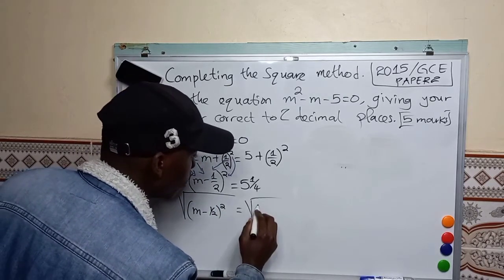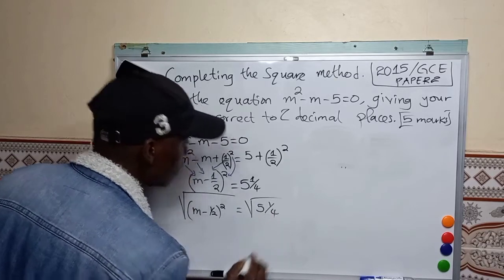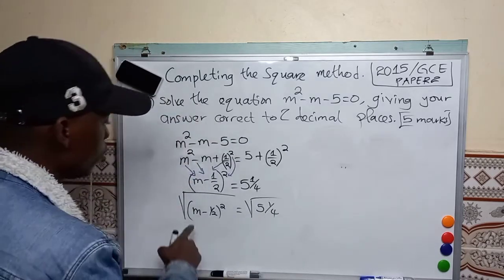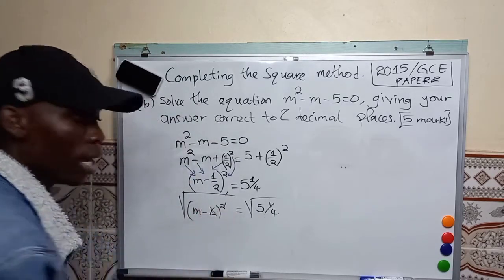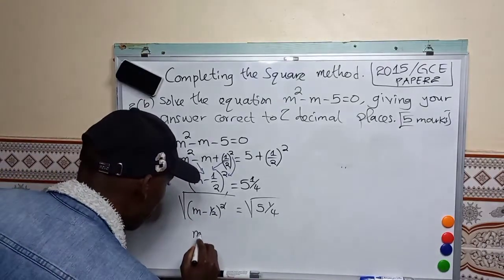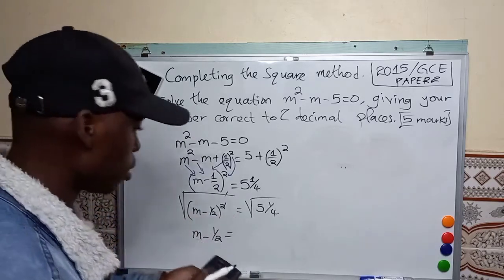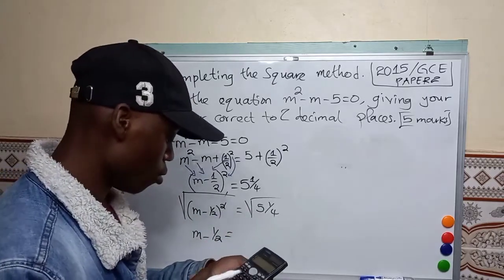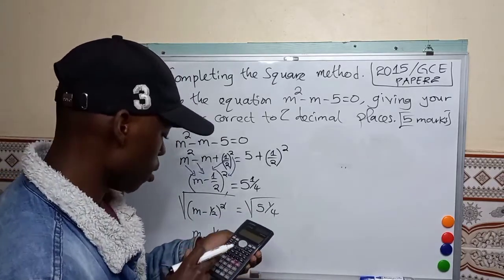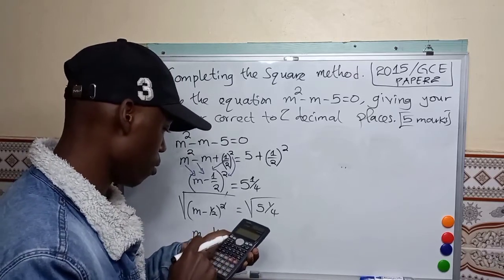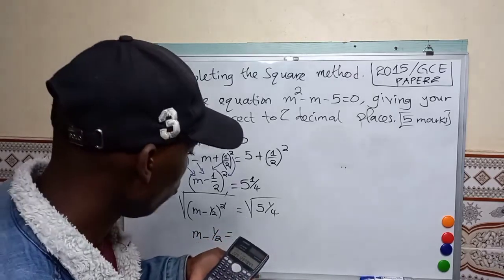What you do on the left-hand side should also be done on the right-hand side. Here we go. So the square root will cancel the square, and you remain with m minus 1 over 2, which is equal to the square root of 5 and 1 over 4, which is equal to 2.29.